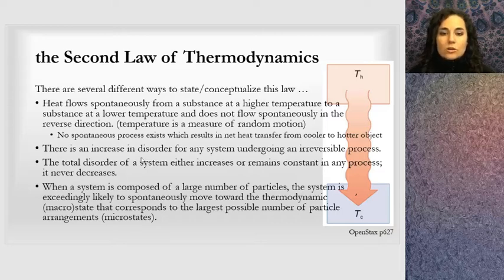There is an increase in disorder for any system undergoing an irreversible process. So when we think about the system, when there's a lot of fast-moving hot particles here and a lot of slow-moving cold particles here, that is an unlikely state for the system, just like all of the air particles being in the left half of the room.